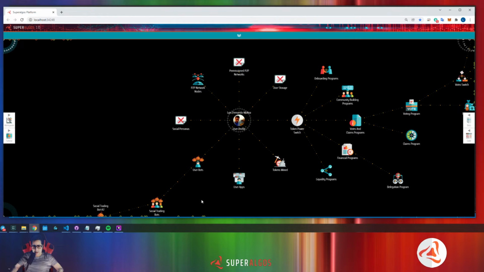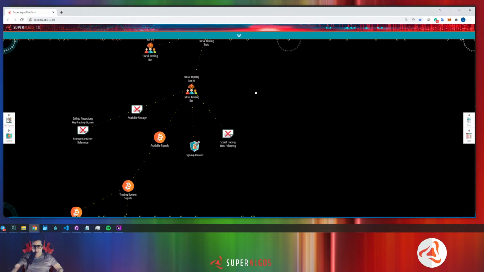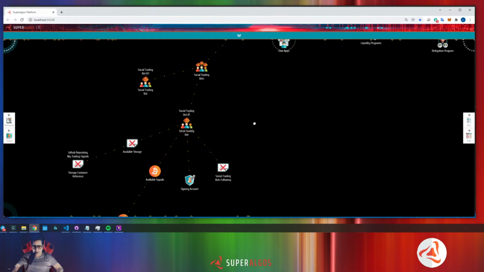Think about this. The signing accounts are nodes that are hanging, children also, of social trading bots and of applications themselves. So anything that needs to sign cryptographically has a signing account node, including social bots.